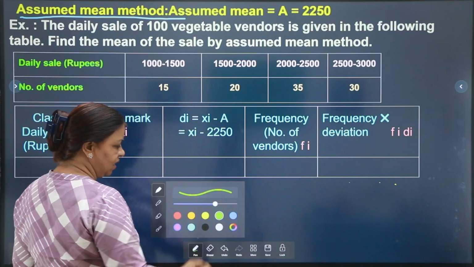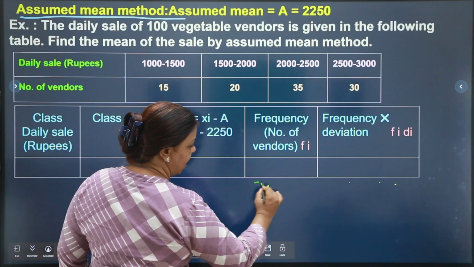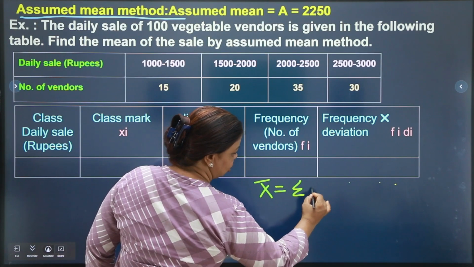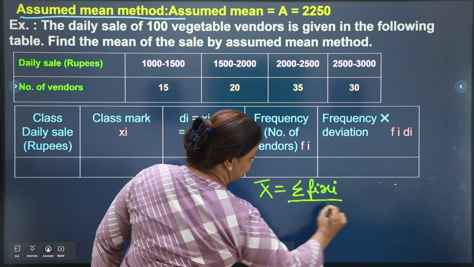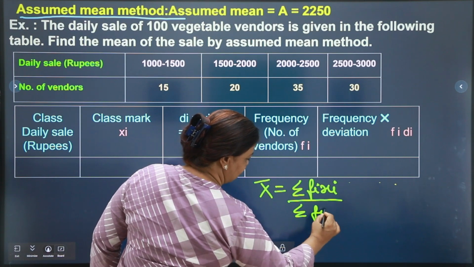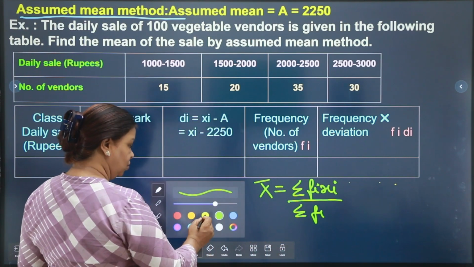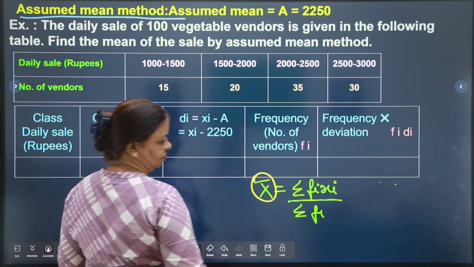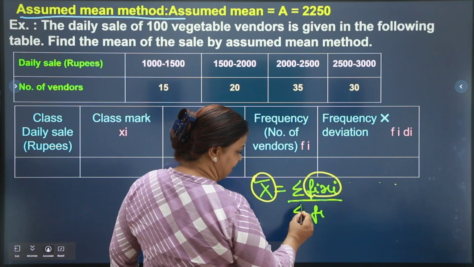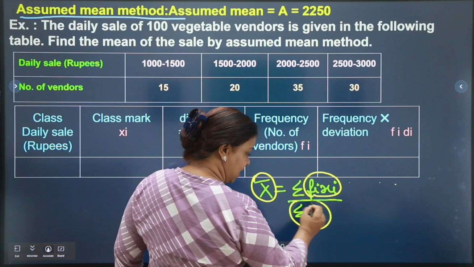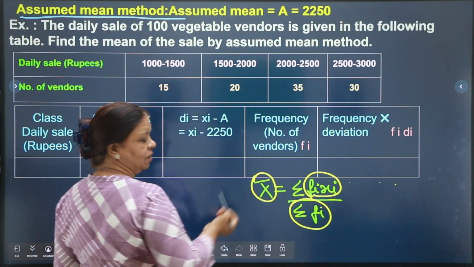In the direct method we learned, children, x bar is equal to summation of fi into xi divided by summation of fi. This gives you the mean. If you find the product of fi xi, add them and divide by summation of fi, you will get the mean.